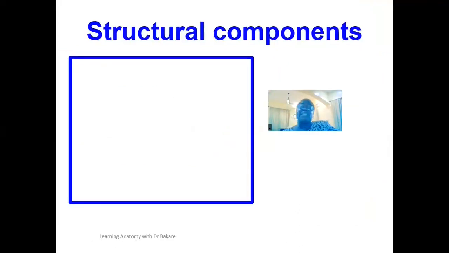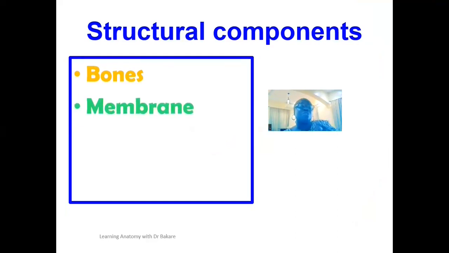In establishing the structural components of the lateral pelvic wall, we say that it is made up of bones. So we have bones contributing to the framework of the lateral wall of the pelvic cavity. We also have membrane; we would be dwelling more on these to establish the specific membrane seen around this space.